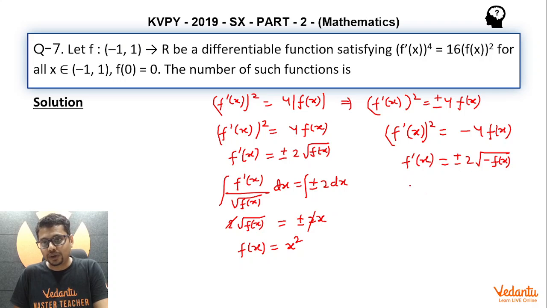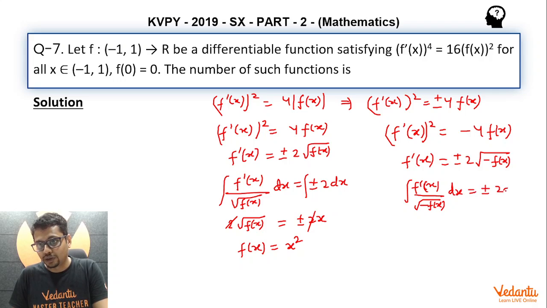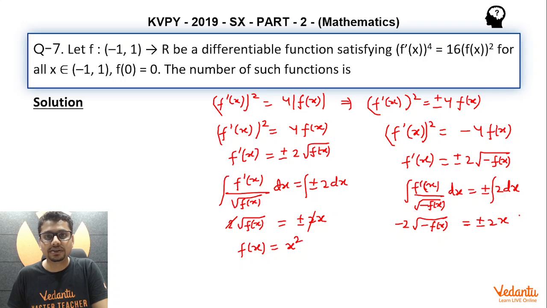So now as we integrate, let's cross multiply and integrate f'(x) divided by under root minus f(x) dx is equal to plus minus 2 dx, and you integrate both sides with respect to x as I've written. So here this would become minus 2 root of minus f(x) equal to plus minus 2x plus arbitrary constant c, which would become 0. Why? Because f of 0 is 0.